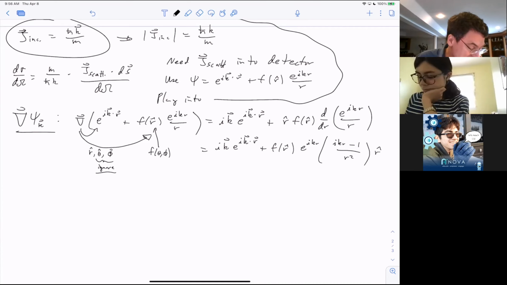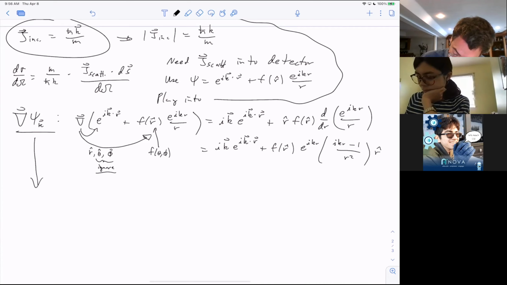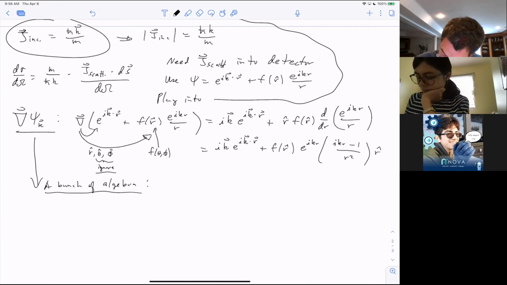Okay, so that's the gradient. Now if we put it all together, we're going to do a bunch of algebra, because it's tedious algebra. I'm not going to do it all for you right now, but remember, we have to calculate this: h bar over 2mi times (psi star del psi minus psi del psi star).